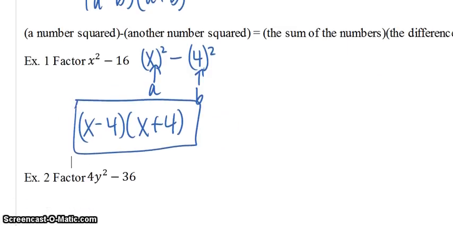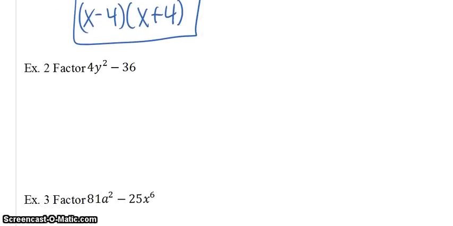Okay, our next one. We need to figure out what our a is in this case. So what is being squared? 2y is being squared, because 2 squared is 4 and y squared is y squared. Minus, and we need to figure out what's being squared: 6. 6 is being squared.